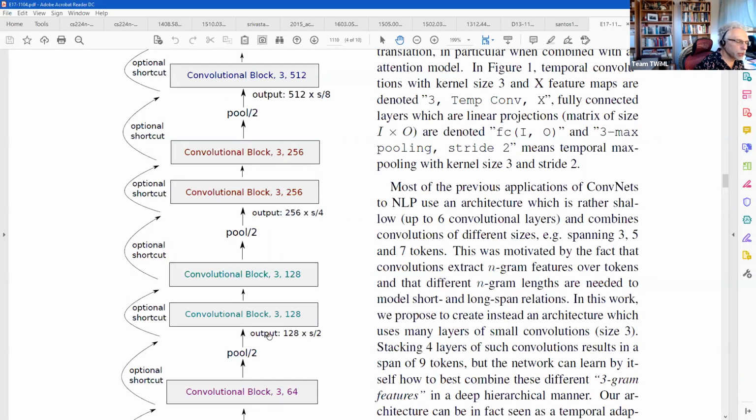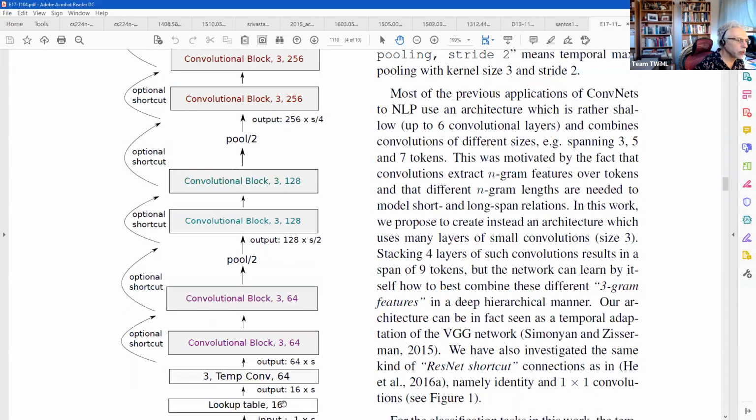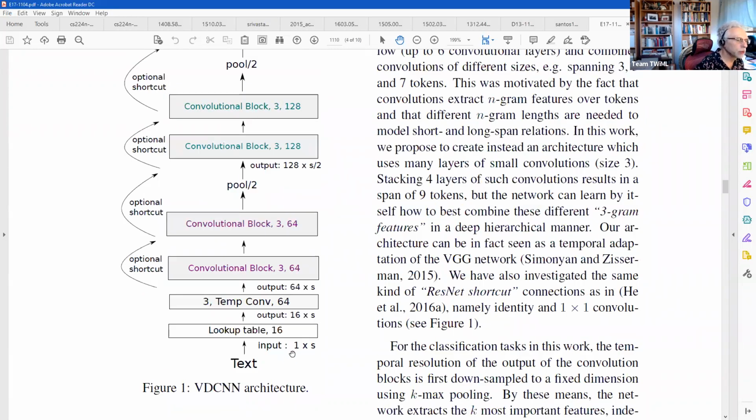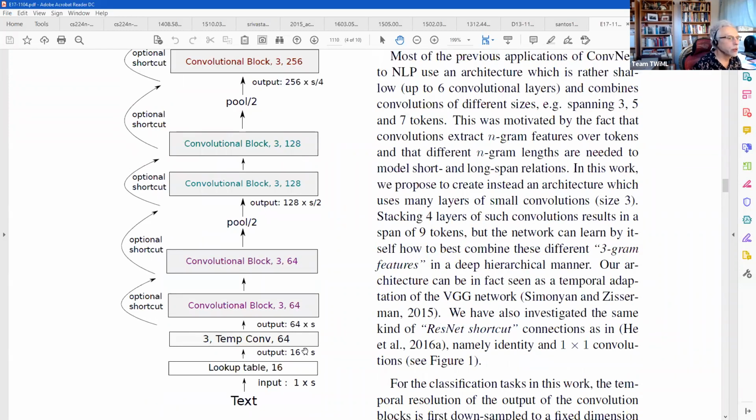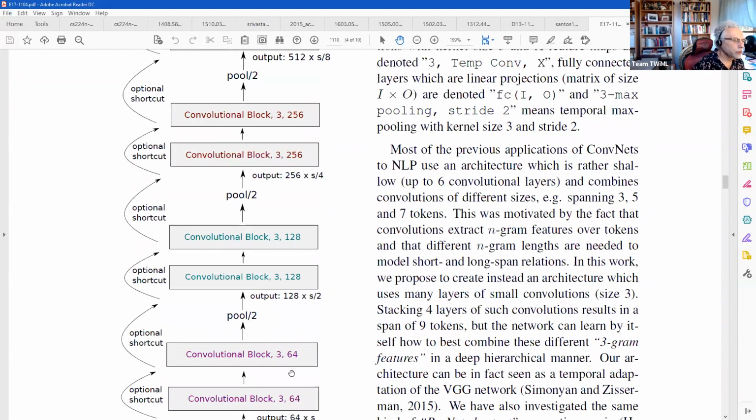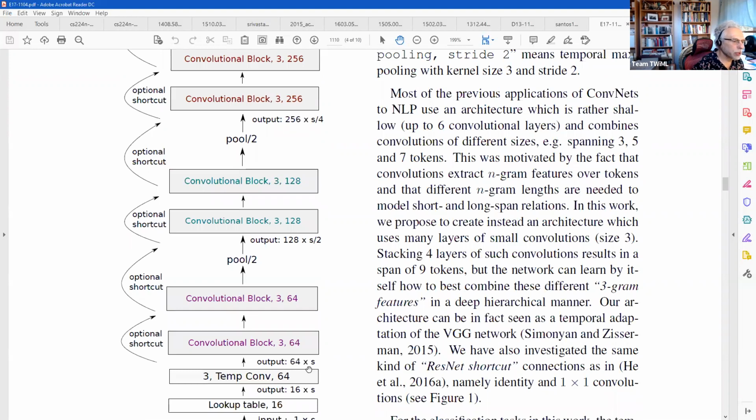So if you look at the output, it's 128 by s over 2, where s is the length of the sentence, or the length of the sentence in this case in characters. So notice that this output is 64 times s. This output is 128 times s over 2 because of the average pooling. So it's the same size output.